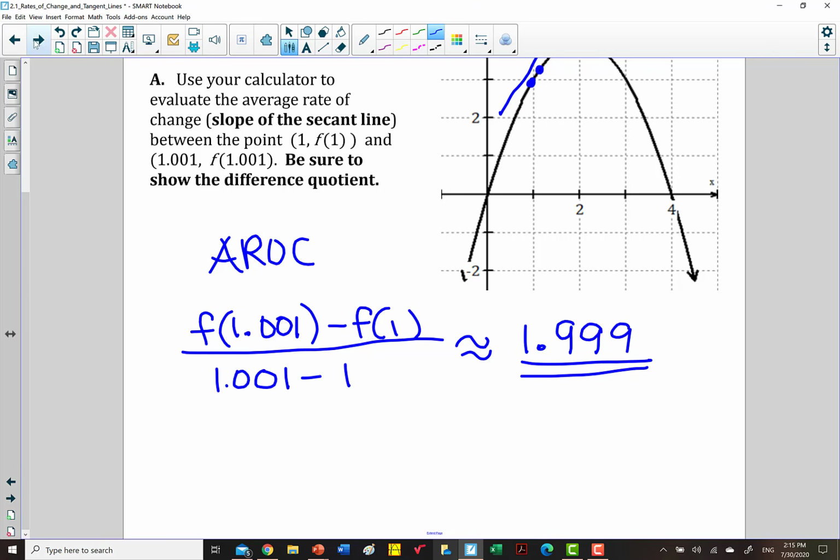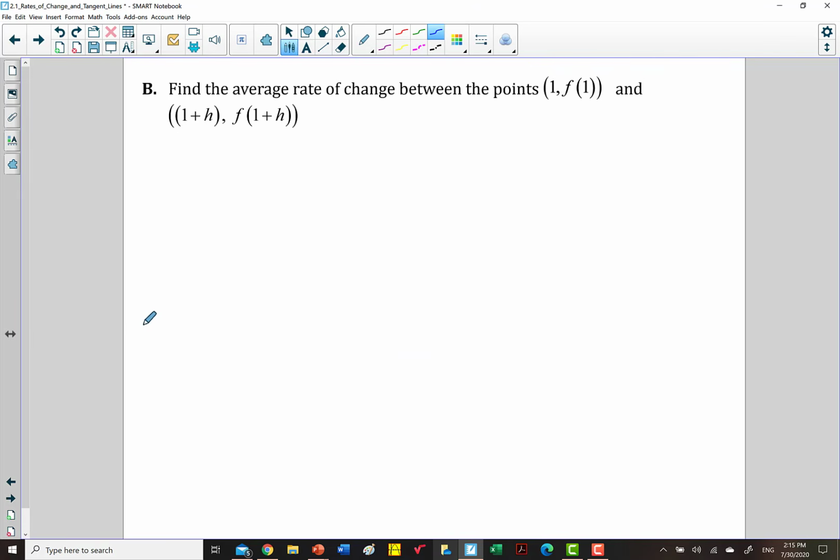Then we want to look at a different average rate of change more generically using the 1 and the f of 1 and 1 plus h and f of 1 plus h. So calculating that average rate of change, that's the slope of the secant line. My function was 4x minus x squared.